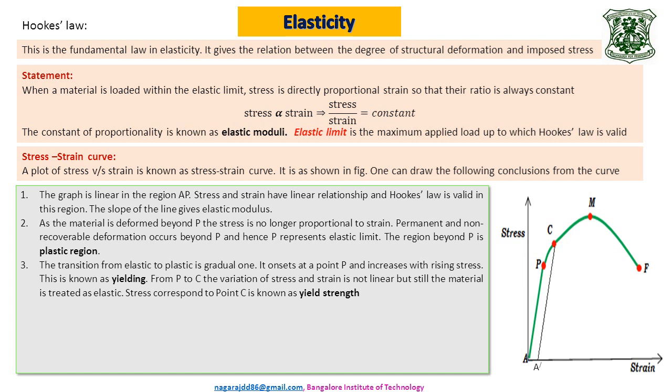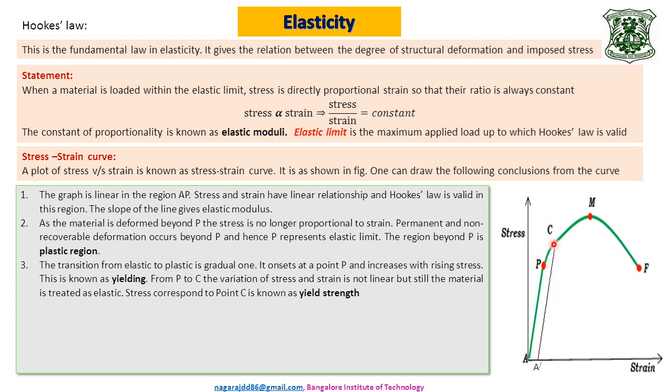So let me elaborate on this particular observation. P to C is not a straight line, but it is gradually varying like this. So from C onwards, it is no more elastic material, but especially from P to C, the body is able to return back to the original shape with some residual strain, that is A dash.